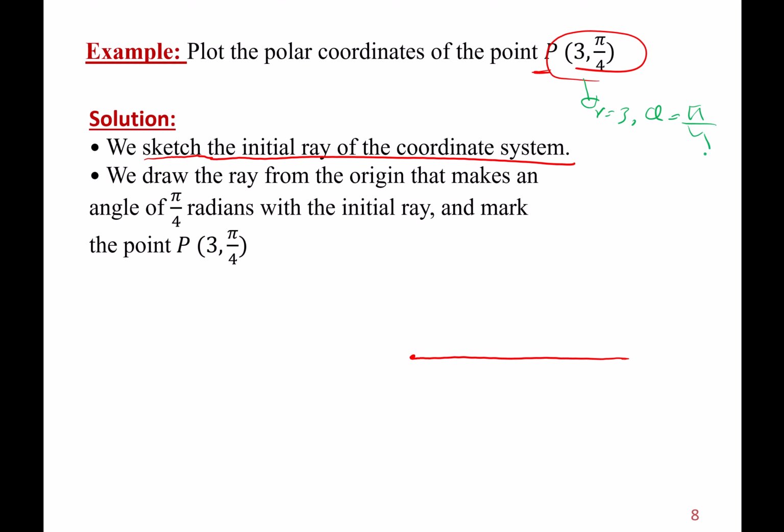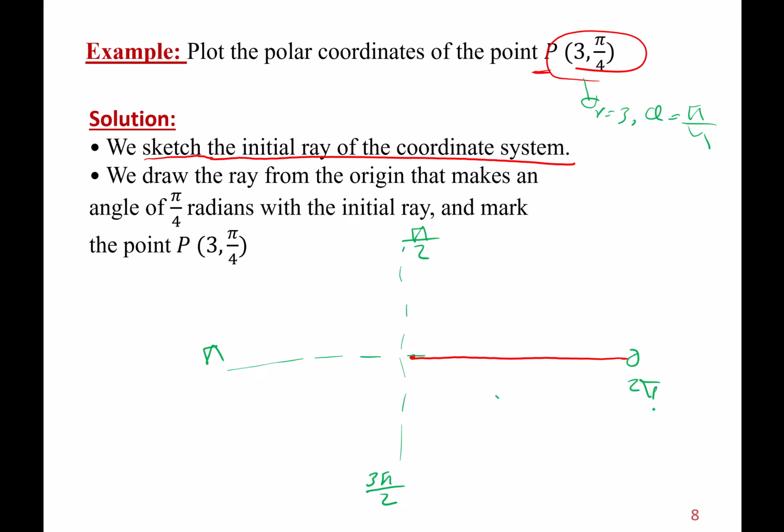Now this is 0, pi over 2, pi, 3 pi over 2, and 2 pi.